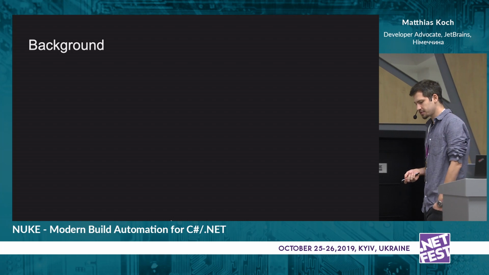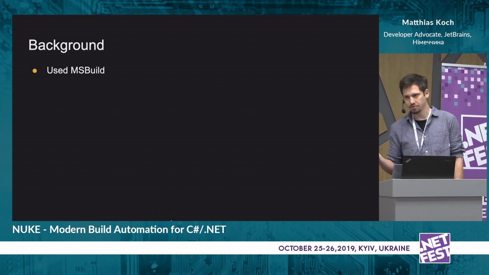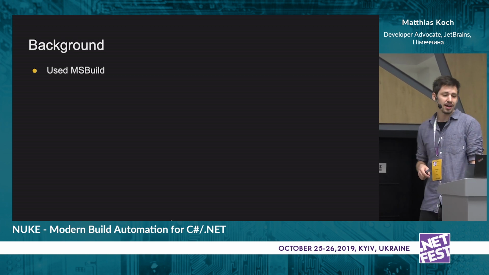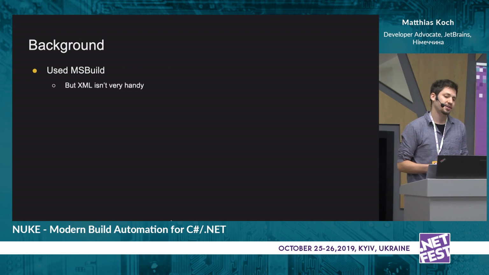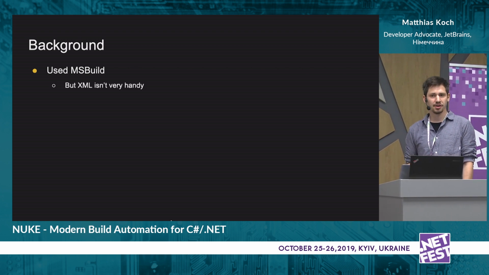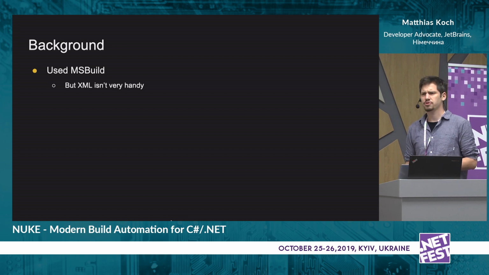So maybe first a little bit of background for that. I've been using MSBuild in the past already. I don't know, I probably started around 2012 at my first job. And, well, XML wasn't really handy to implement anything build related. But let me first ask maybe one question I forgot.